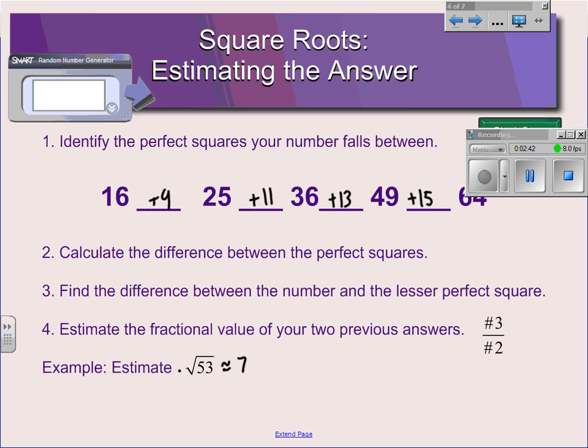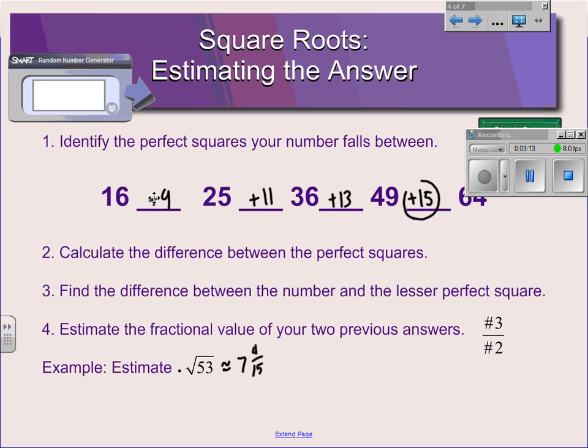The way you can estimate that point part is to look at how far away it is from the lower perfect square. The difference between 53 and 49 is 4. It's 4 numbers away, out of the 15 numbers between 49 and 64. So it's about 4/15 of the way between 7 and 8.